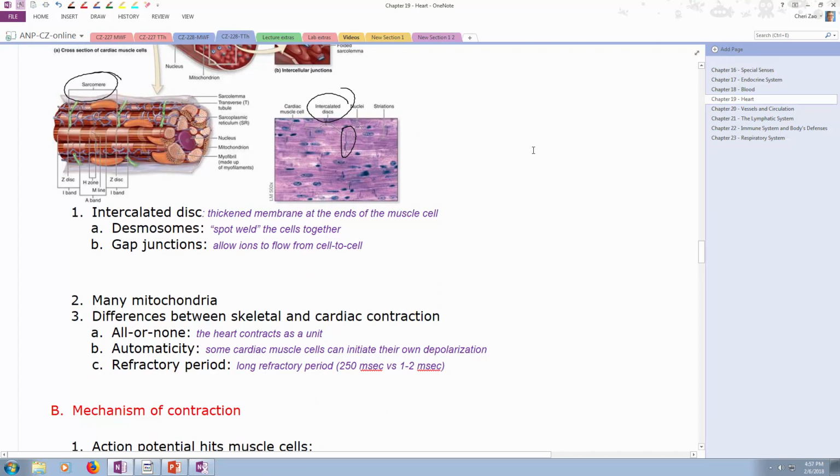As our notes state here, the desmosomes are spot welding, there for strength. And the gap junctions allow ions to flow from one cell to the next, enhancing the transmission of an electrical impulse.